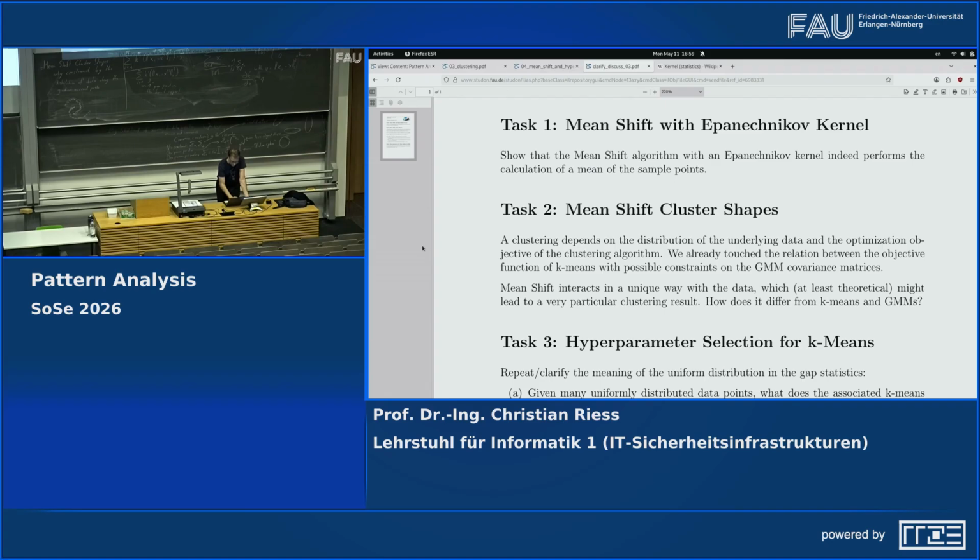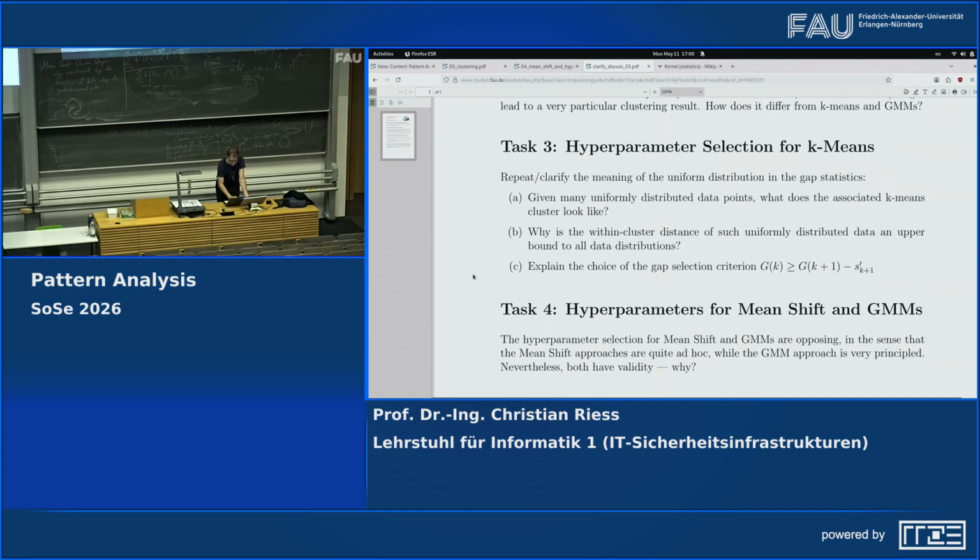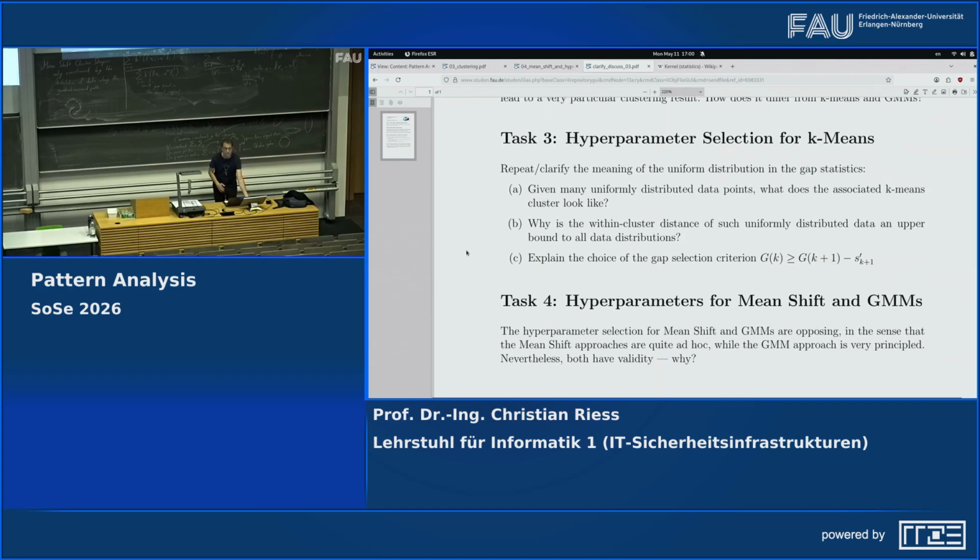Okay, can we continue? Now there's the question, what is a good K for K-means? How many clusters are there in the data?